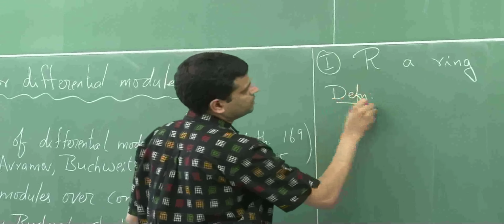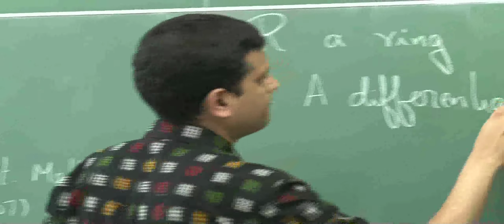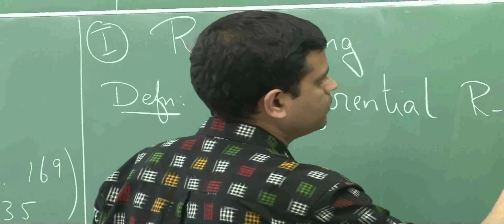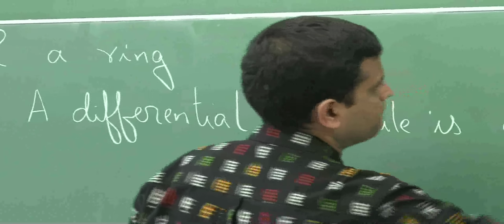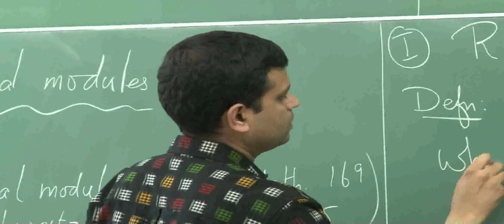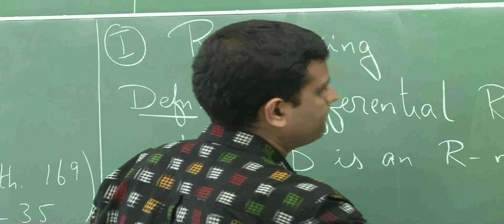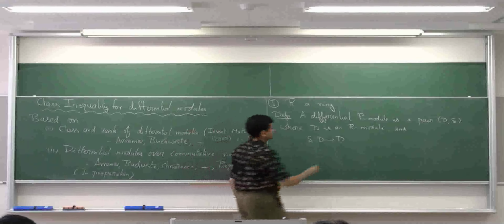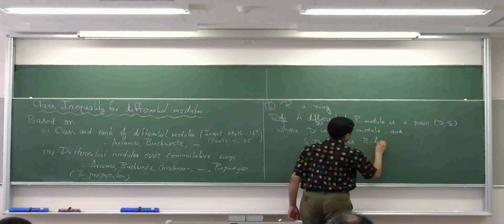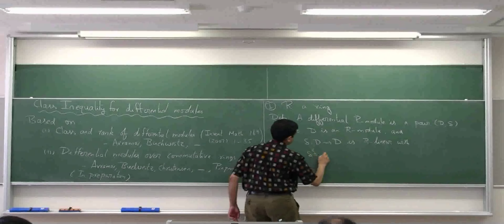The basic definition is that a differential module is a pair (D, delta) where D is an R module and delta is an R linear map, so it's an endomorphism of D, and the crucial property is that the square of this is 0.